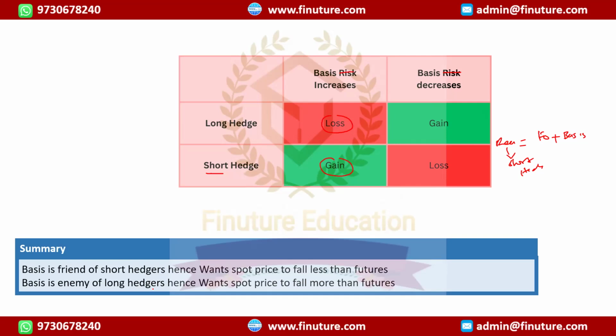Basis strengthening works against long hedgers. Hence, they want the spot price to fall more than the future price. Short hedgers will believe that the future price should fall more, and the long hedger will believe that the spot price should fall more than the future price.